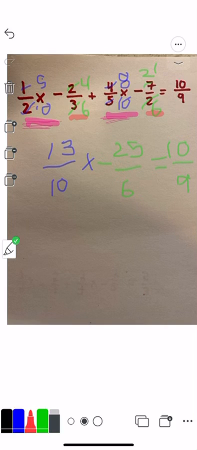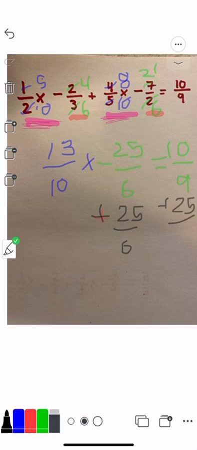We would need to add 25/6 on both sides. Now, in order to add fractions, they have to have the same denominator, so I'm going to have to do some changing again. Common denominator would be 18, so I'm going to make that 6 and 18.